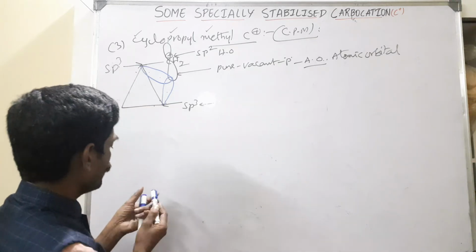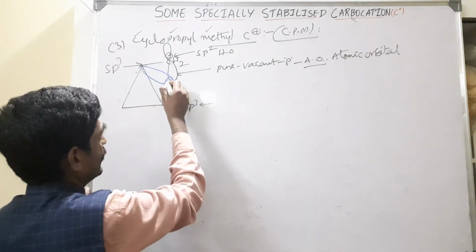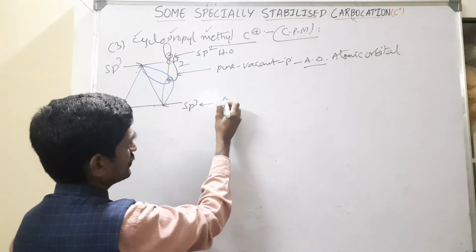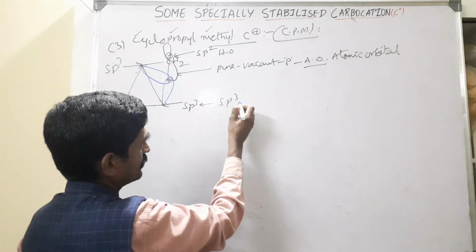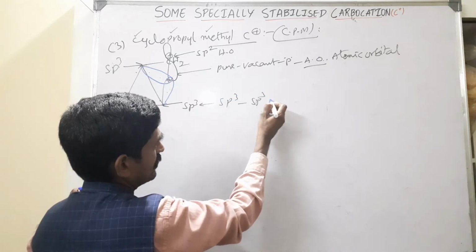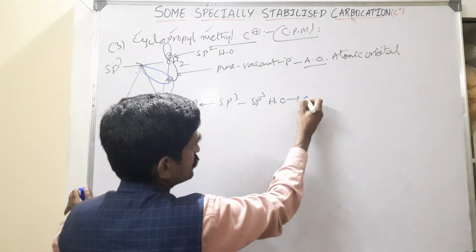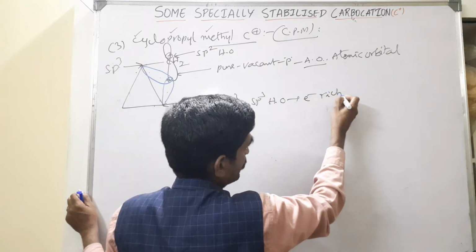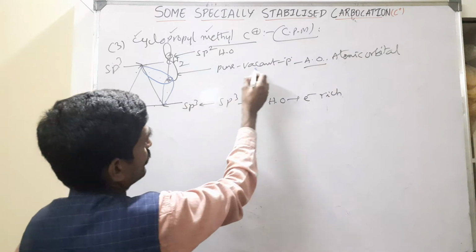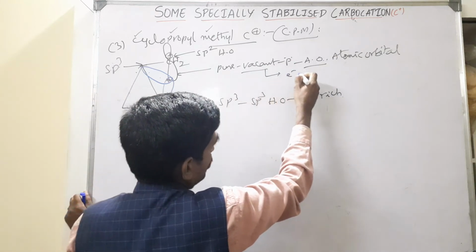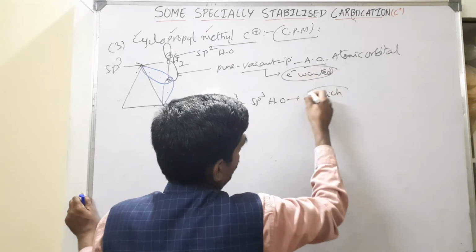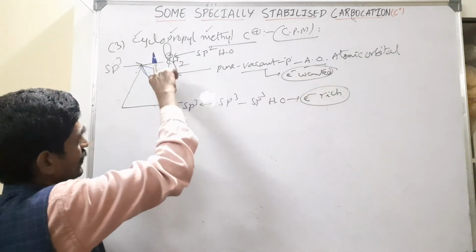Now, they have electrons. These sp3 hybrid orbitals are electron rich, their electrons are there. But this is a vacant orbital, which wants electrons. Here the electron-rich bond has two electrons.